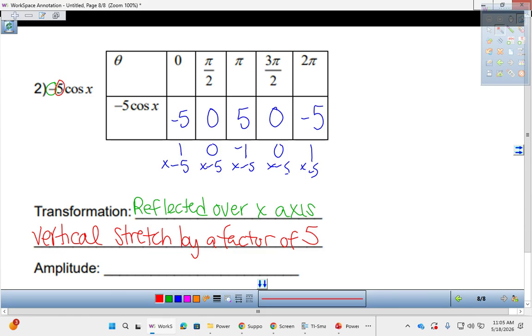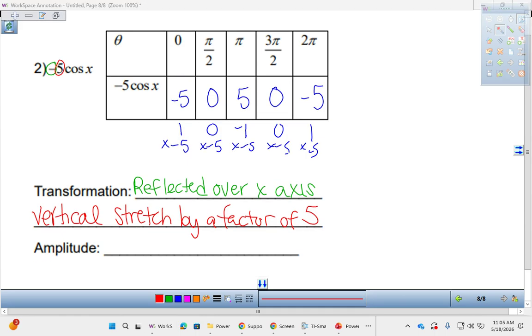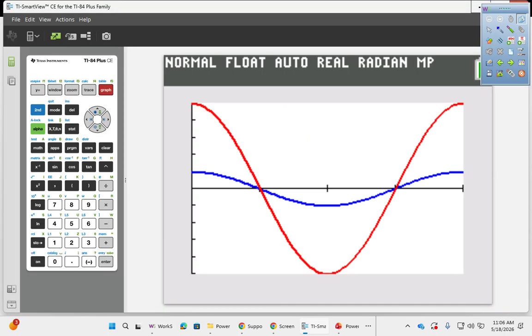You're not going to tell anybody that you're -4'11". That doesn't make sense. Heights aren't negative, okay? So the highest point of the graph is my 5. The amplitude is the number. It's not the negative. Amplitude is like an absolute value. You're not looking at it in terms of negatives. All right, we okay with that one? All right, let's look at the next one.